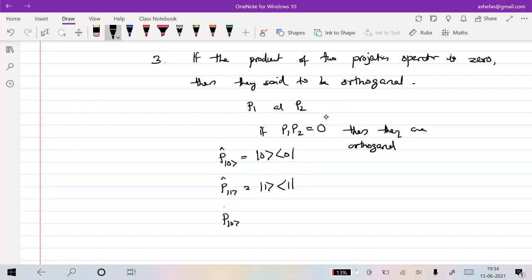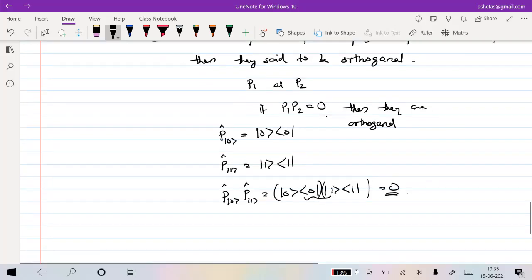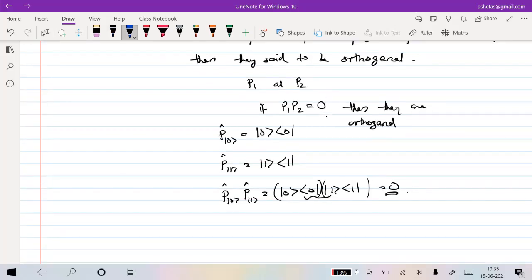The projection operator ket 0 bra 0 times ket 1 bra 1 would have an inner product bra 0 ket 1, that would be 0. So this would be 0. Okay, then I can say that P0 and P1 are orthogonal projection operators.